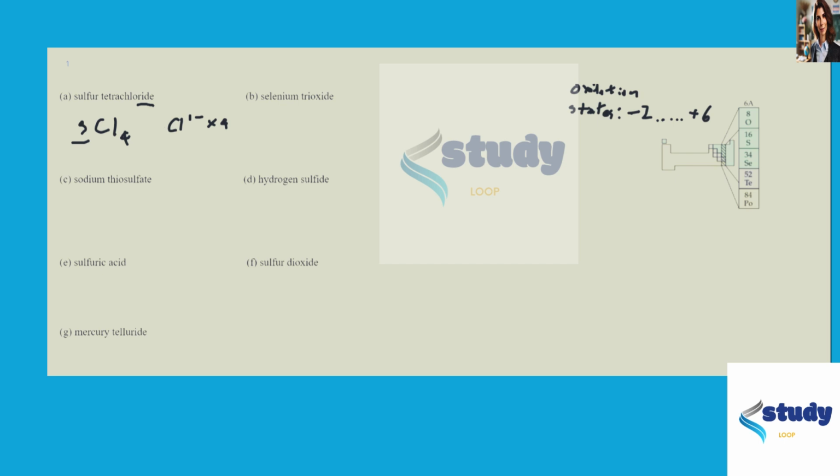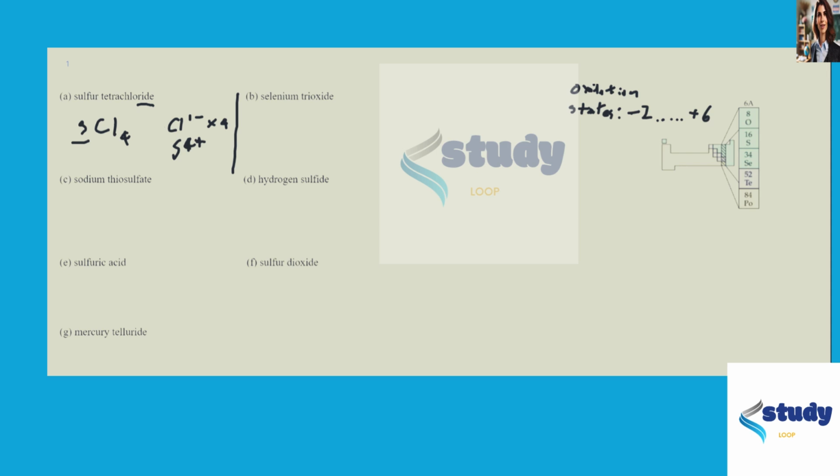So to maintain charge balance in this compound, this guy needs to be in the +4 oxidation state. All right, so that's sulfur 4+ as our group 6A element and its oxidation state.